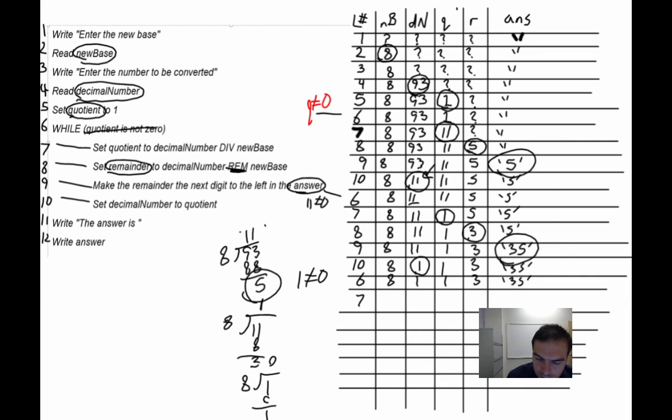So we have a remainder of 1. And quotient is 0. Line 8 sets the remainder. Line 9 adds it to the answer. Line 10 sets decimal number to quotient.